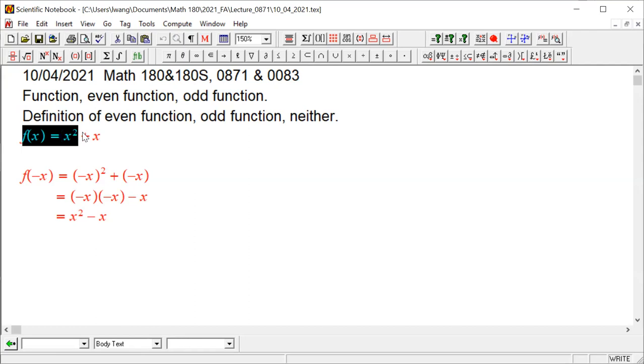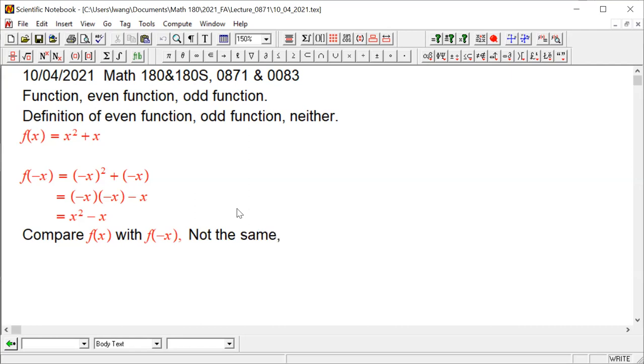And then you compare these two. Compare f of x with the f of negative x we just found. Are they the same? One is x squared plus x, the other one is x squared minus x. So they're not the same.